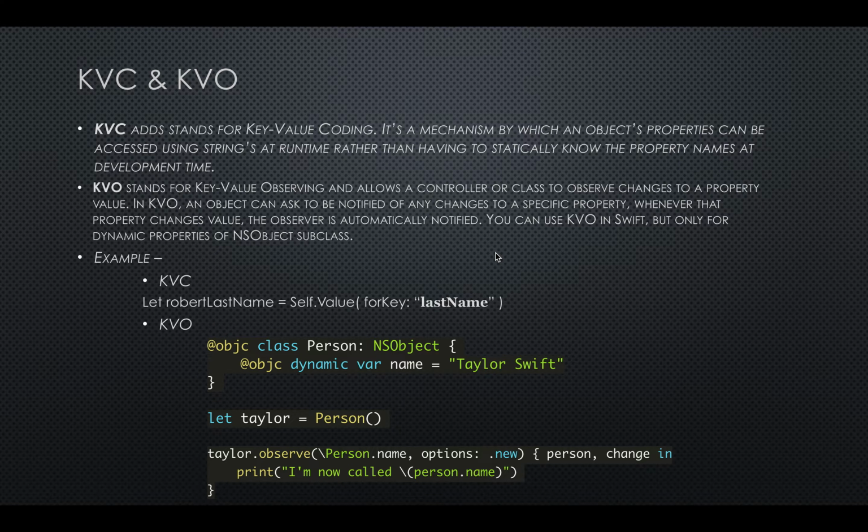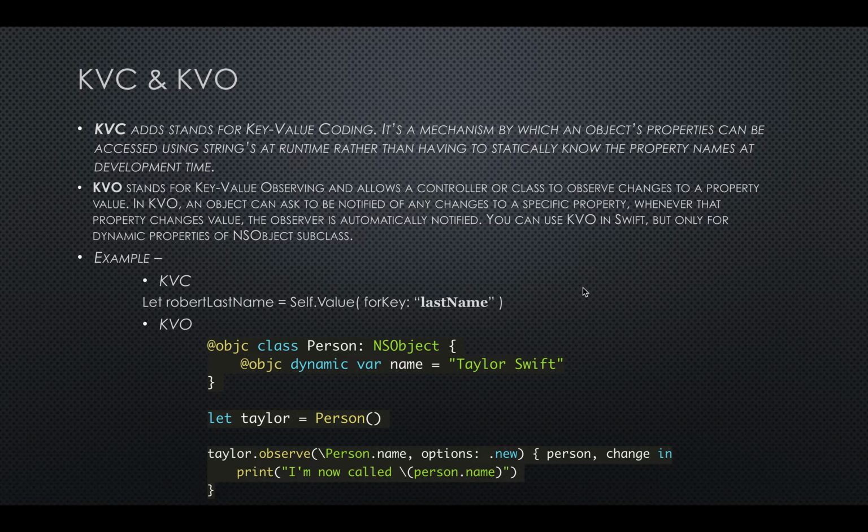So if you know the observer pattern, this is exactly the same thing. You can set an observer on your property so that every time there is any change in that property, you will be notified.